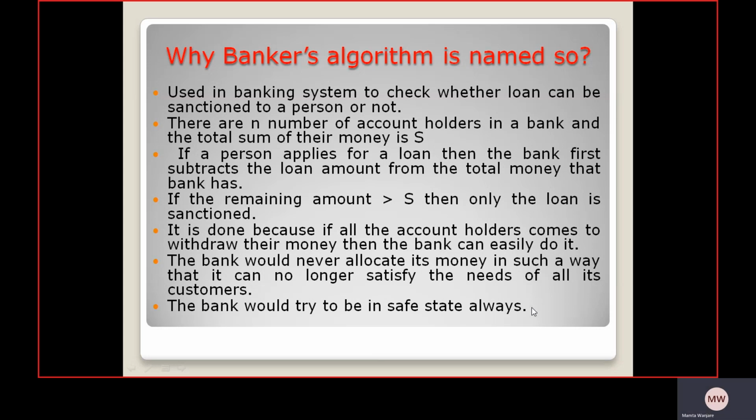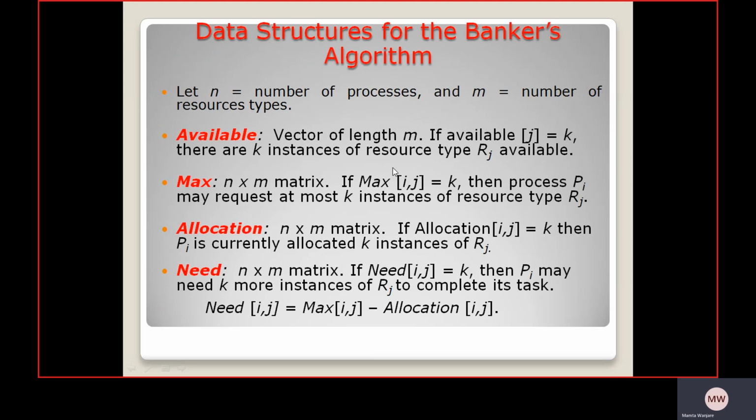So the name Banker's algorithm is given because of the way we calculate with this technique. Now the data structure for the Banker's algorithm: let n equal the number of processes and m equal the number of resource types.